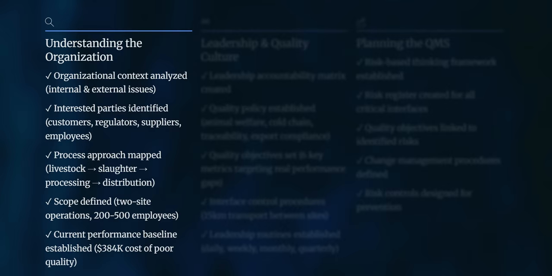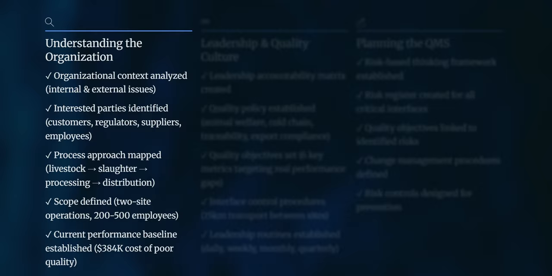In Module 2, we have also covered interested parties, including customers, regulators, suppliers, and employees. And also, we have mapped our process approach from livestock reception to slaughtering operation, processing, and distribution. Then in Module 1, also we have defined our scope, and we have covered two sites' operations, site A and site B, including our 200 to 500 employees.